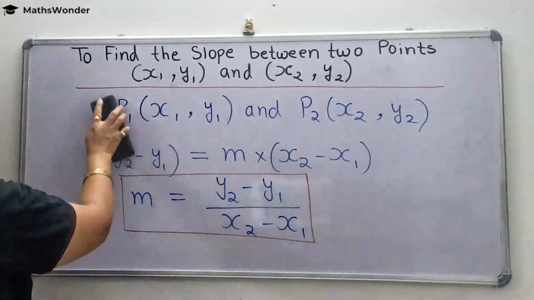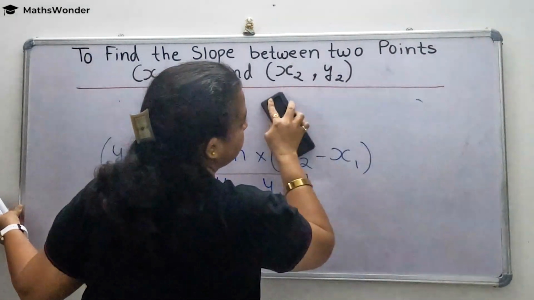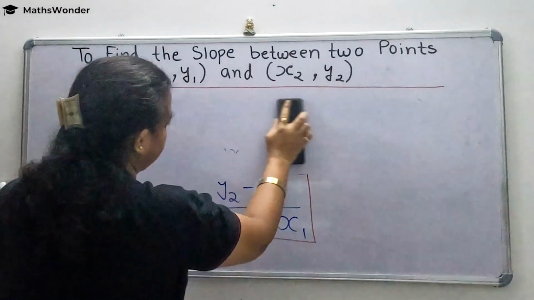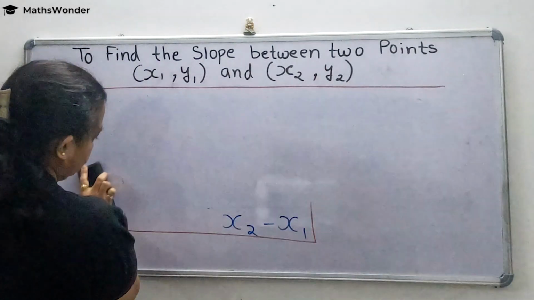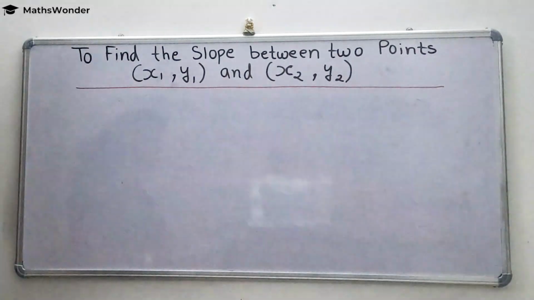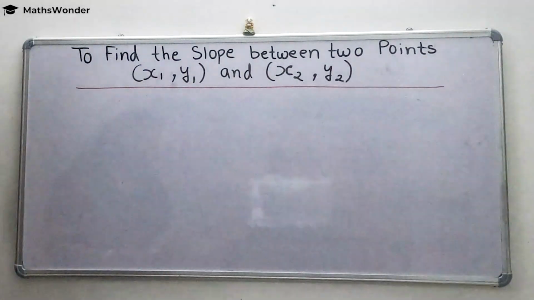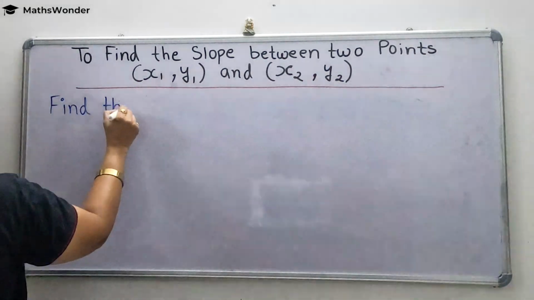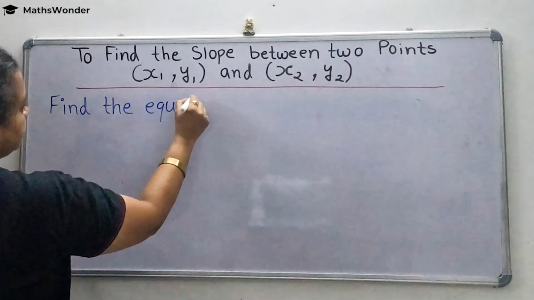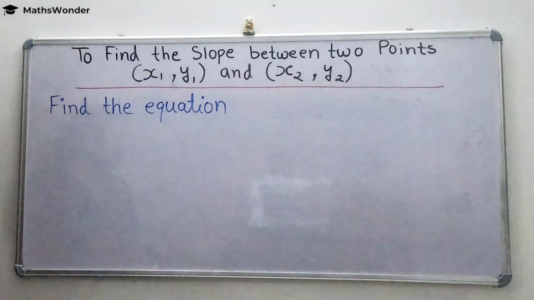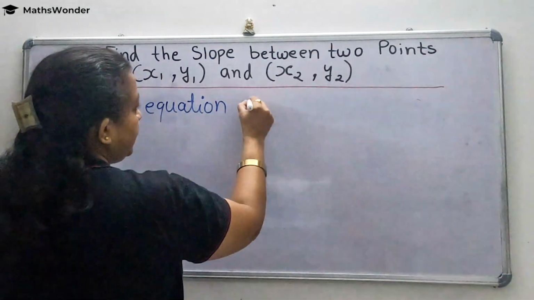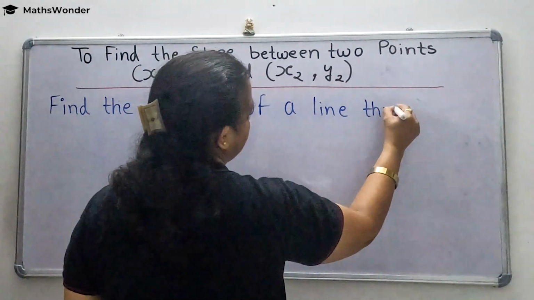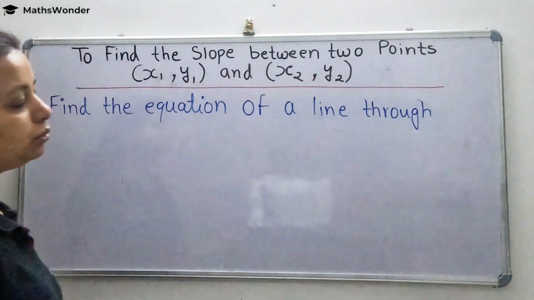For example, the question is: find the equation of a line through the points 0, negative 4 and negative 6, 2.